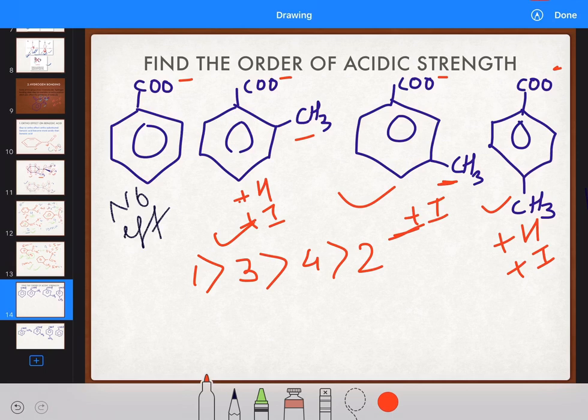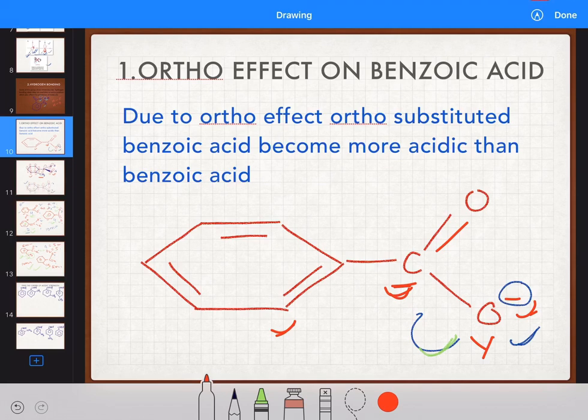Now we have to apply ortho effect. So what did ortho effect tell? If you see this one, due to ortho effect, ortho substituted benzoic acid becomes more acidic than benzoic acid.